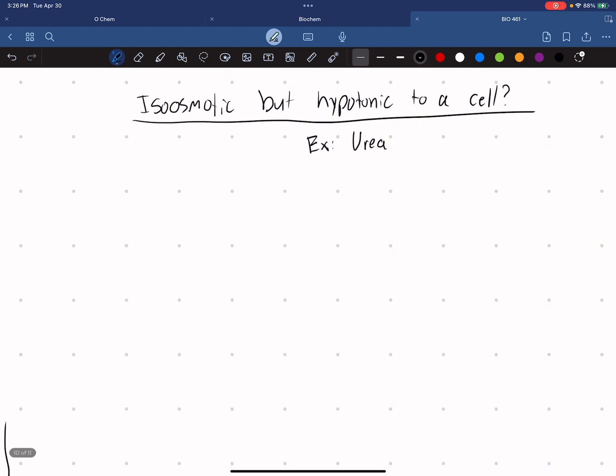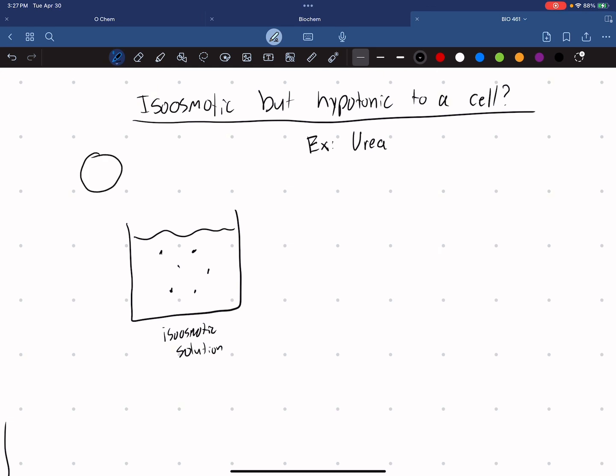So what we will do is I will draw a little representation of an isoosmotic solution, meaning the same. So this will be an isoosmotic solution, and what we will do is we will insert a cell into the solution.